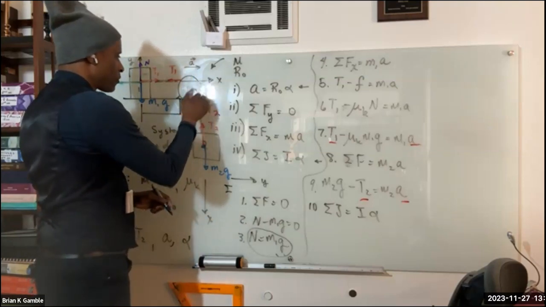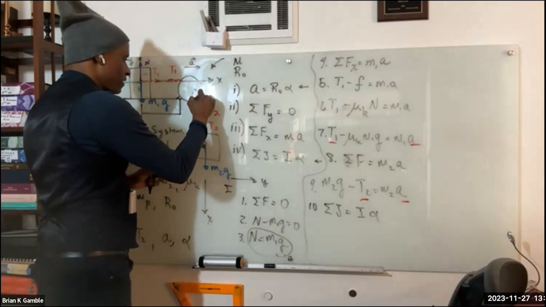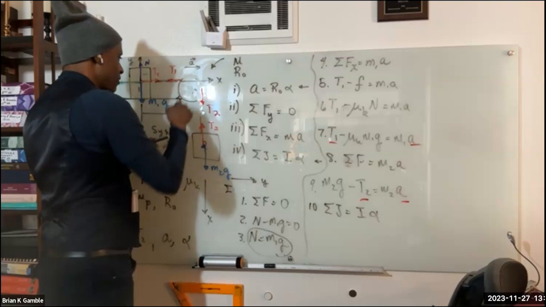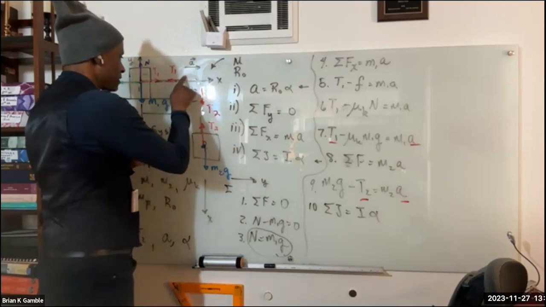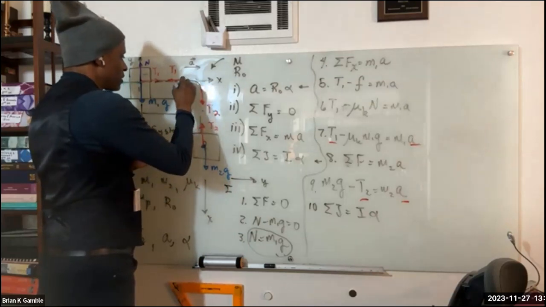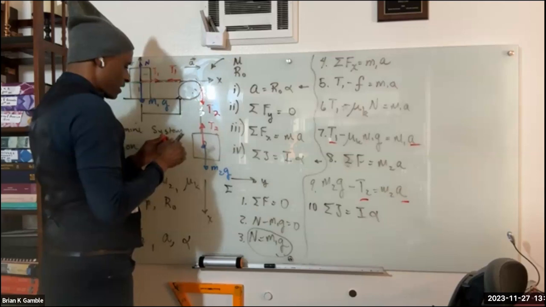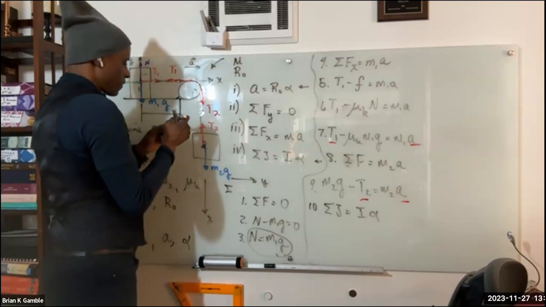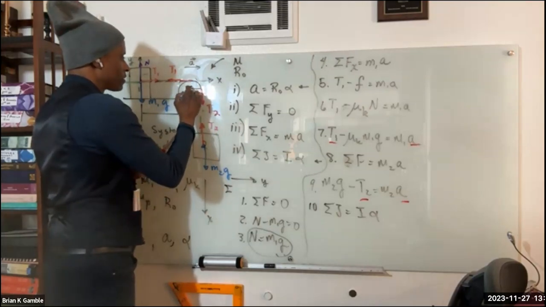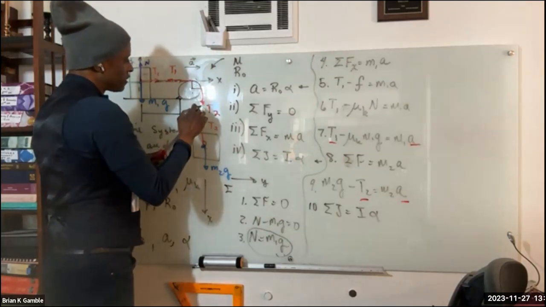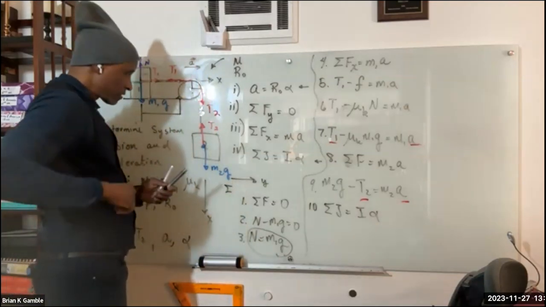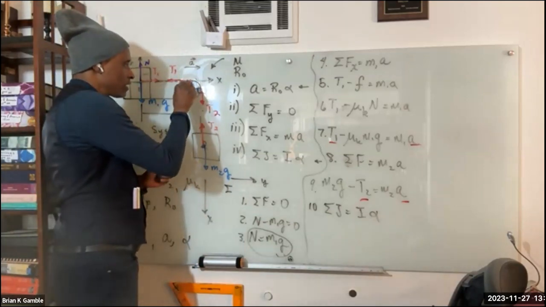So the ideal torque extends from that point. If this were a better circle, you could see that the tension is at a 90-degree angle from the radius on both of these. I know it's not perfect, but it's 90 degrees there, and 90 degrees here.